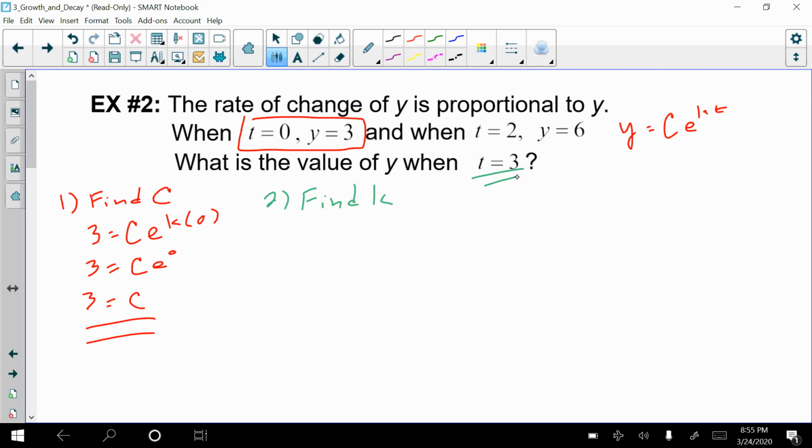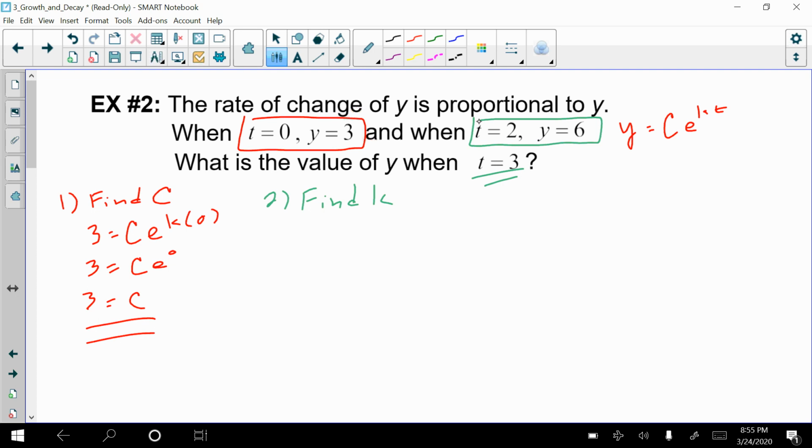So let's find k now with our given conditions. We're going to look at using these values here for finding k, because we don't want to use the stuff that I did in red, since that would give me k times 0 again, which will make 0.